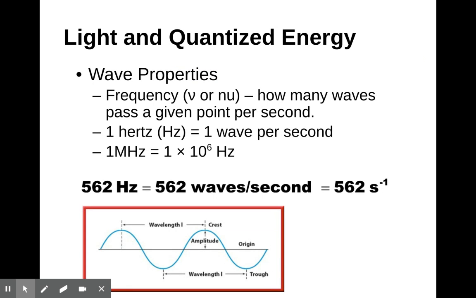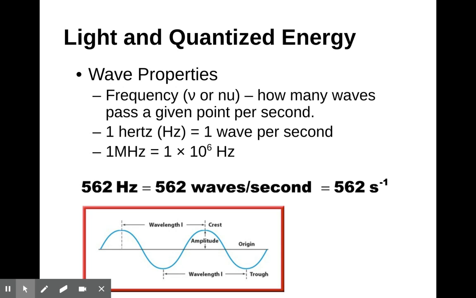So again, the wave properties that we are seeing: frequency, or nu, is how many waves pass a given point per second. Okay, 1 hertz is equivalent to 1 wave per second. So 1 megahertz is equal to 1 times 10 to the 6 hertz.